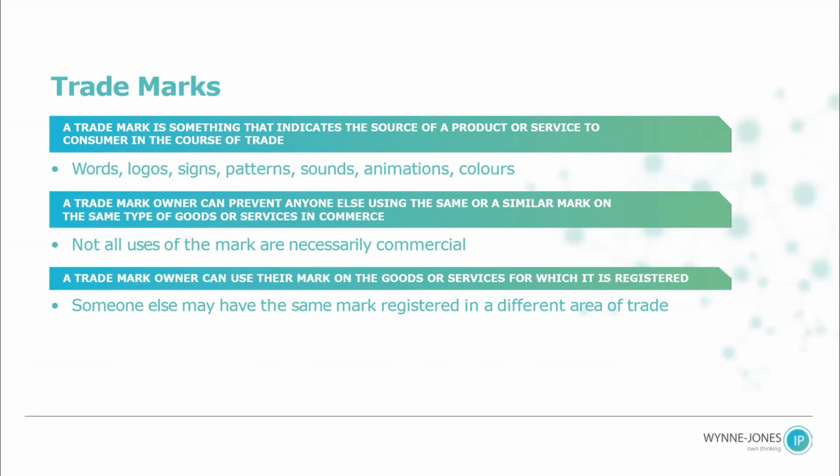But it's a source of origin marker and allows the person looking at it to know essentially where something came from. So these trademarks can exist as words, logos, signs, patterns, sounds, animations, colors, lots of different things can be identifiable as a source. There are many of them.